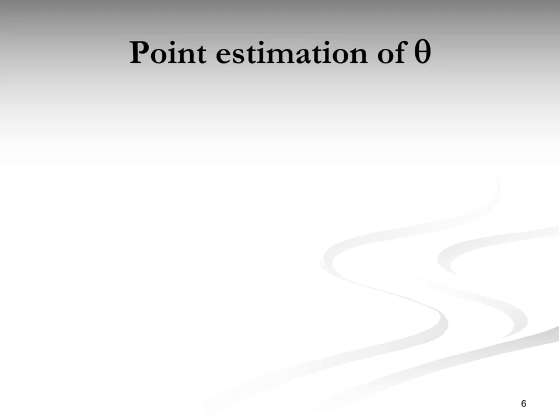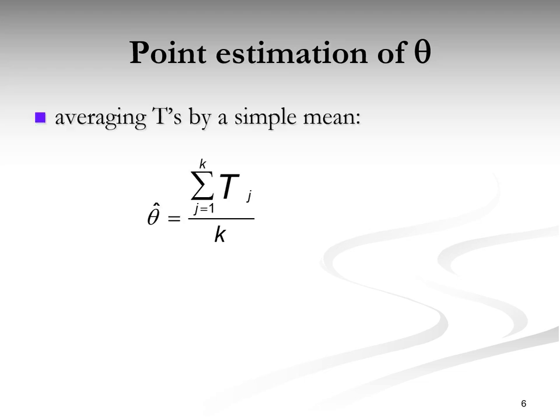How can we estimate the common population effect size? Well, we can calculate an average of all the observed effect sizes. So we sum all the observed effect sizes and we divide this sum by the number of effect sizes or the number of studies, k.